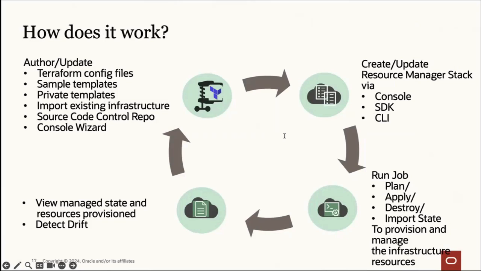Once your stack is created, then you can run a plan job. When you run a plan job against the stack, the plan job will parse your configuration and create an execution plan, but it's not actually going to take any action on the stack. And then once the plan job is completed, you can look at the execution plan by viewing the job's log entries in Resource Manager and just confirm that it's going to perform all the expected operations that you want and in the proper sequence.